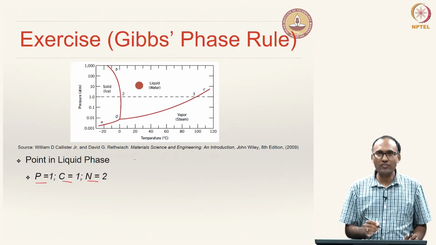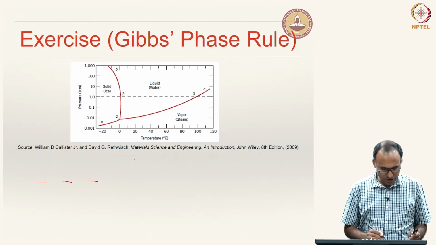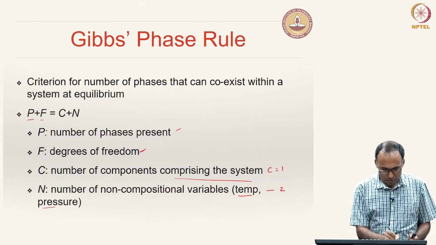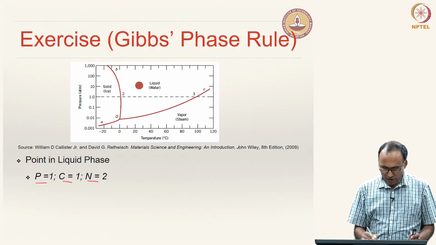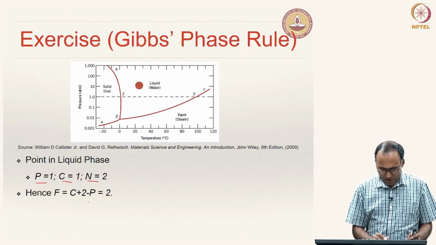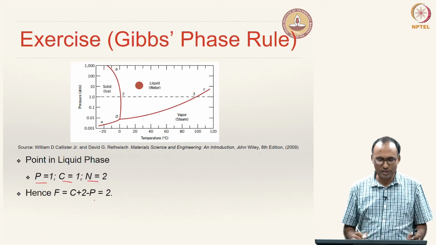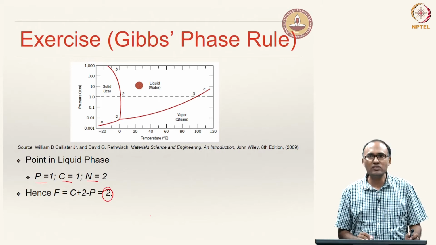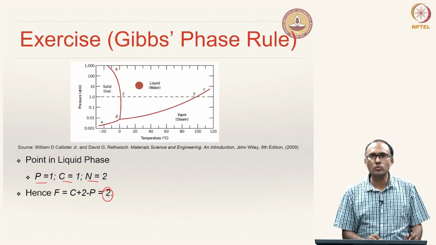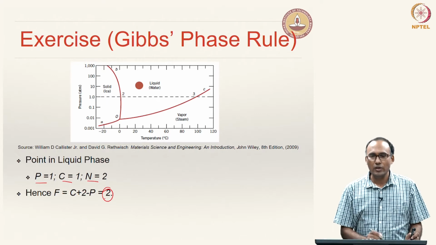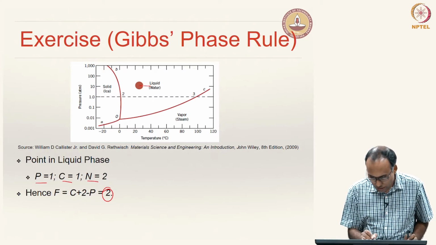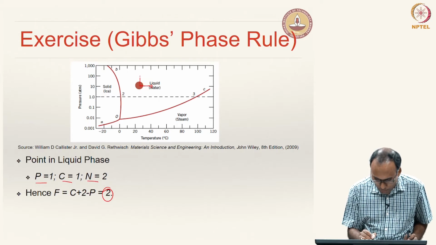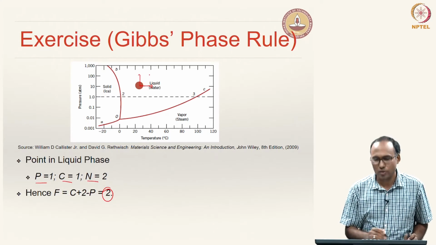We know that P plus F equals C plus N. So F can be written as C plus 2 minus P, which equals 2, which means we have a degree of freedom of 2. That means from this position you can move along either the temperature direction or the pressure direction independently.